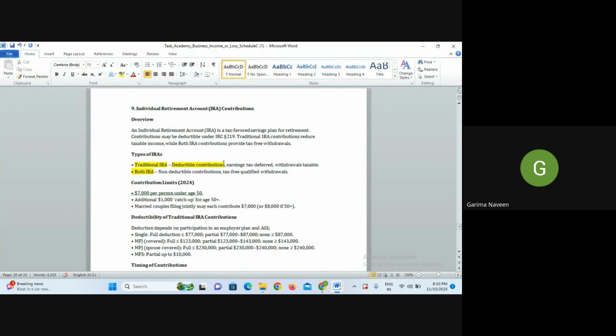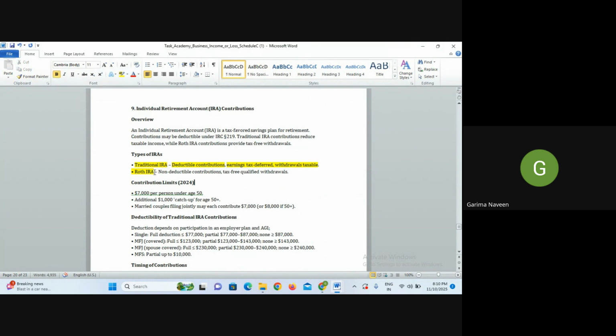So if you are taking a deduction, that means you are gaining some tax benefit, then in the future, if you are receiving some distribution, it should be taxable. So yes, in traditional IRA, earnings and principal are both taxable.